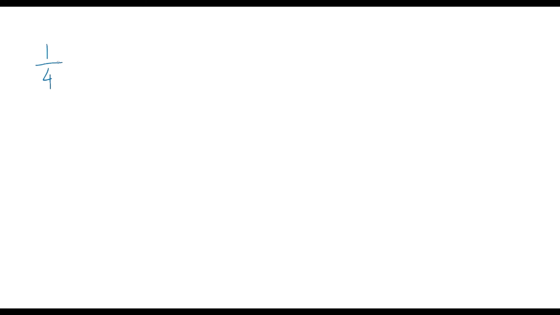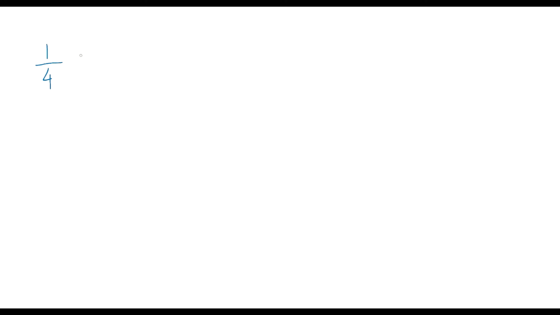Here we have a fraction 1 on 4. Look at the fraction, the top number is smaller and the bottom number is larger. There are these kinds of fractions where we have the top number smaller and the bottom number larger. Fractions are part of a whole number, right?